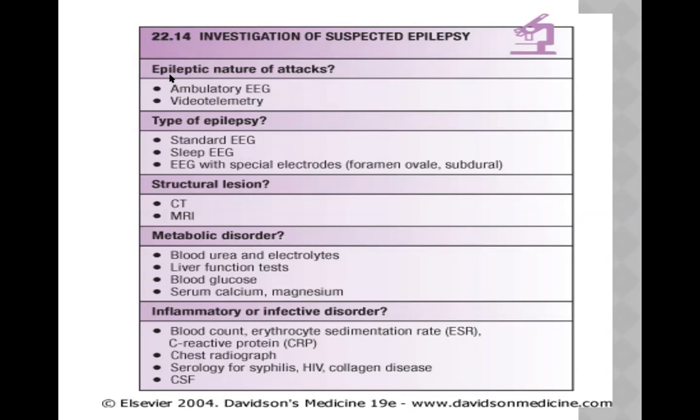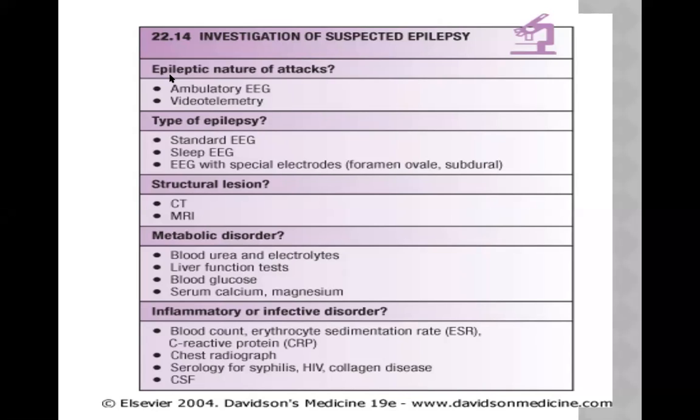Another one is EEG, the electroencephalogram, which will also give us a lot of idea about the type of seizure or epilepsy. And third, even if you do not strongly believe whatever the observer or informant is providing, you can admit the patient inside the ward and observe with the help of a CCTV camera.